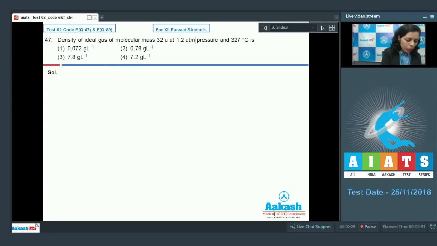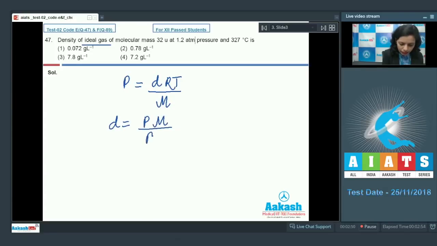And if we are talking about the ideal gas, in this case, the formula to calculate the density is P is equals to dRT upon M. Using this formula, you can easily calculate the density for ideal gas, and that density would be equal to Pm by RT, and that will be calculated by placing the values.